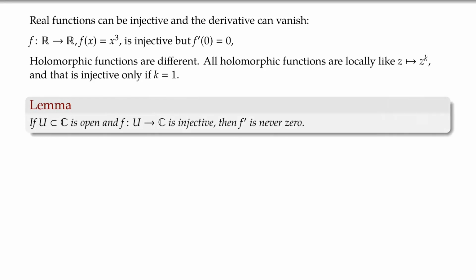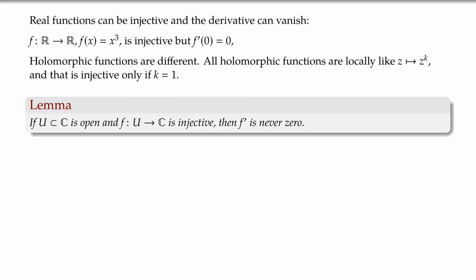Now, this means that for holomorphic functions, because the only z to the k that is injective is when k is 1, and all holomorphic functions are locally basically like z to the k, then the derivative should never vanish for an injective function, right? Because the derivative of z to the first power never vanishes, and that's true.